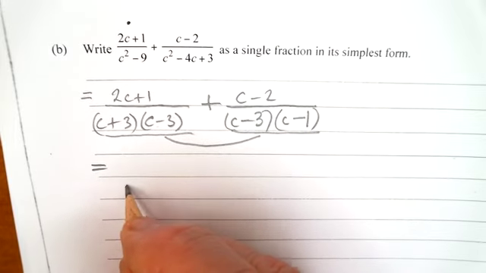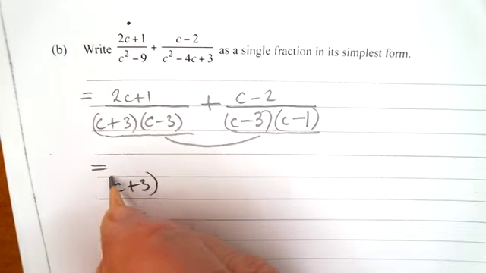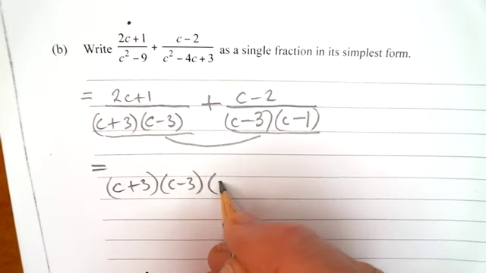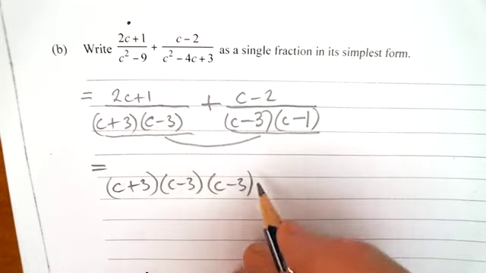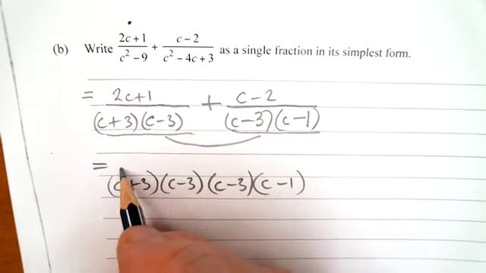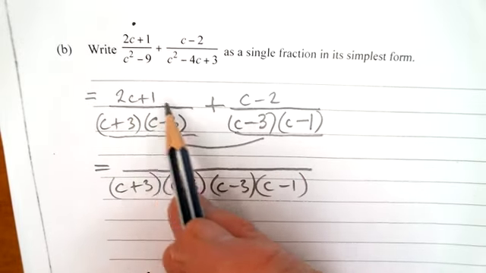So I'm going to multiply all of this lot here by all of this lot here for the denominator alone. So I'll write it like this: c plus 3, c minus 3 times c minus 3. I could have written c minus 3 squared, but I'm not going to. Then c minus 1. I want to be able to cross stuff out if I get the opportunity. So I've got all of this here times all of this.